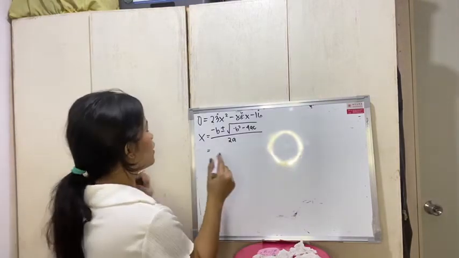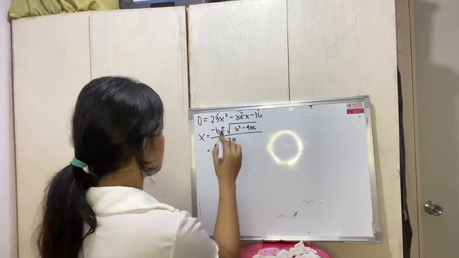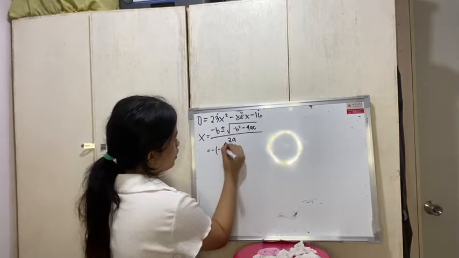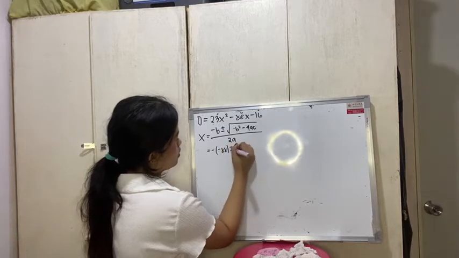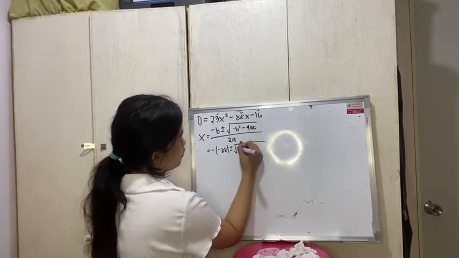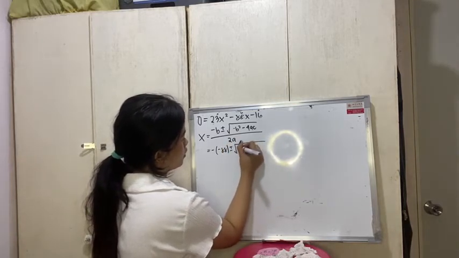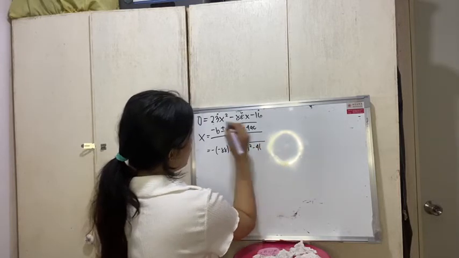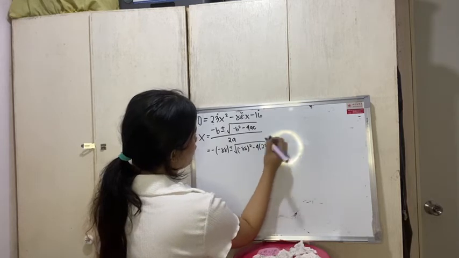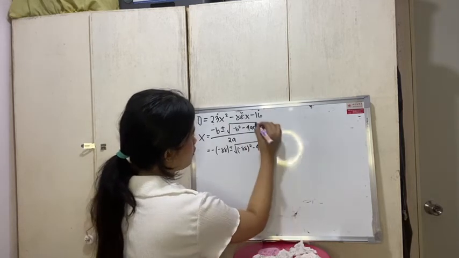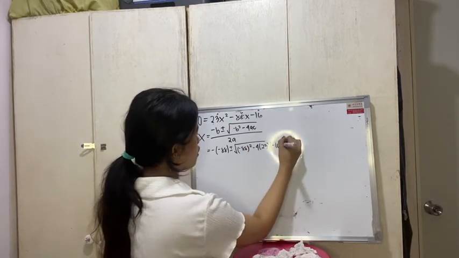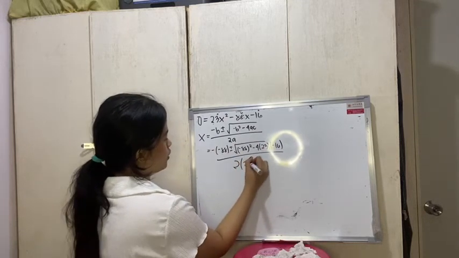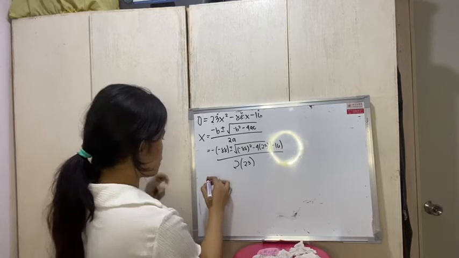So now let's replace: negative b, positive negative square root of b squared, minus 4 times the value of a, which is 23, and the value of c, which is negative 16, over 2 times 23.